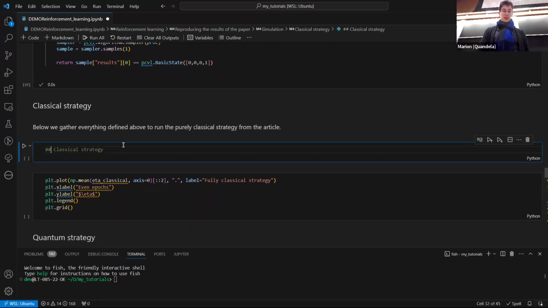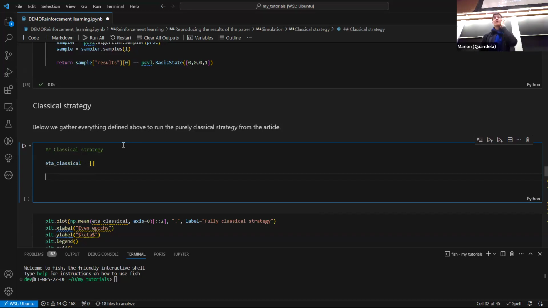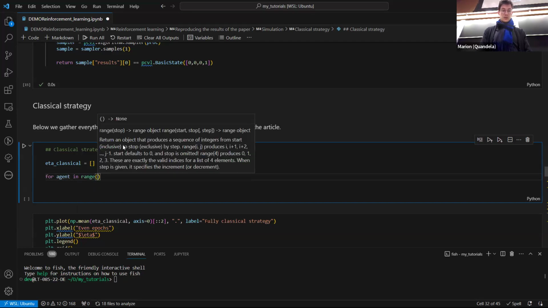And so now we are ready to actually do the classical strategy. So for the classical strategy, you're going to want to construct a list of rewards for the agent, averaged over a lot of agents. And so we will be ranging over the number of agents.